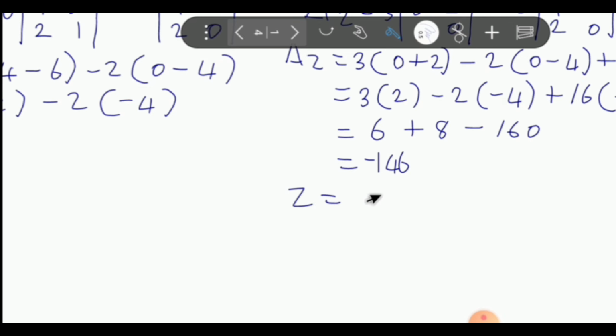z will be equal to change in z over change in naught. Change in z is minus 146 all over change in naught.